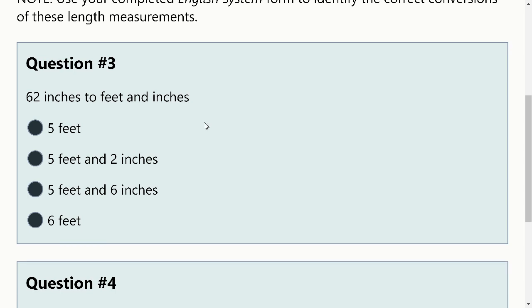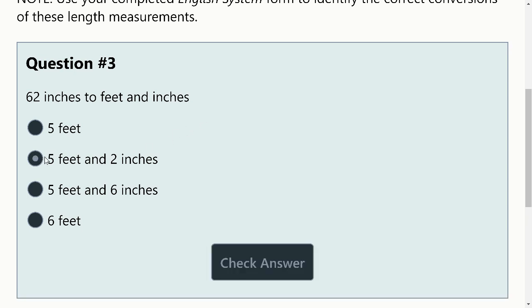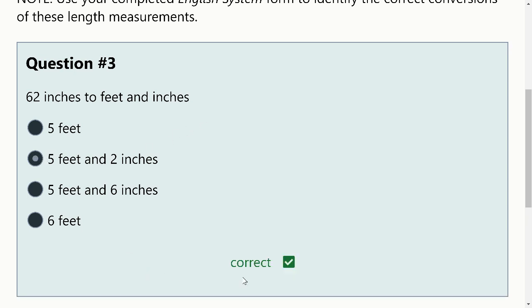What? 22 inches. How did you get it? Oh, I get it, because you divide the 62 inches by the 12 inches. It's just 62 inches to feet. 1 foot is 12 inches.